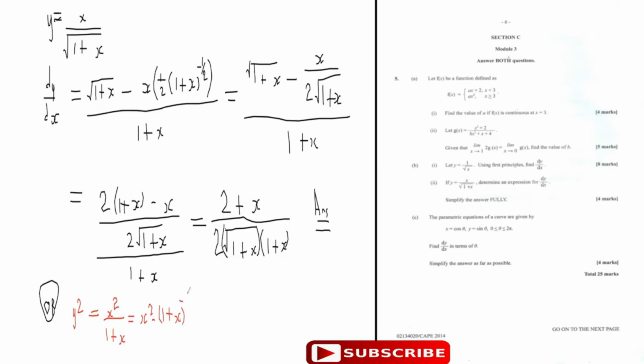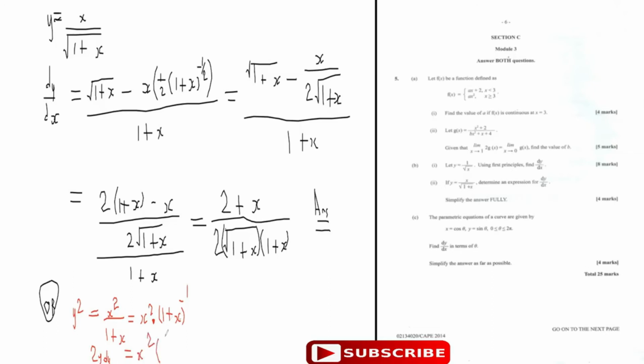Using implicit, differentiating both sides now with respect to x, you get 2y dy by dx. That would be equal to, keep the first, times the derivative of the second.